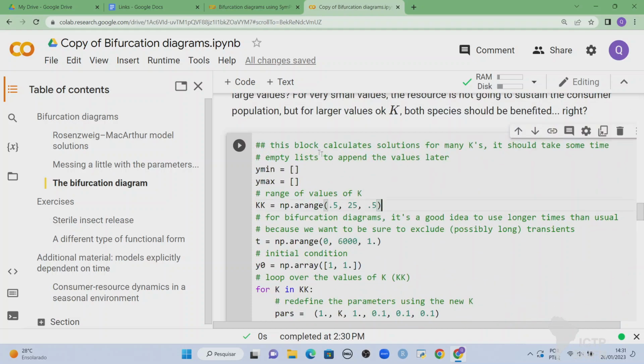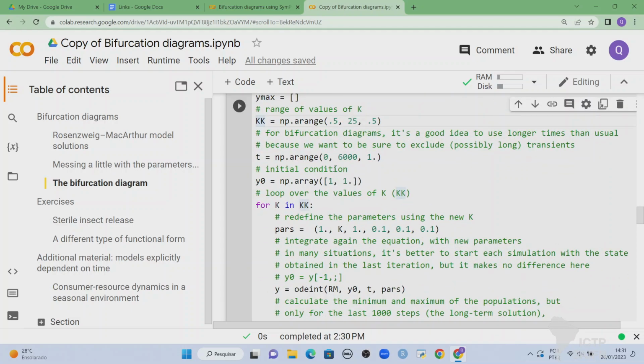Usually you have to save the values that you want to have later, so the minimum and maximum, okay? You have the range of the parameters, and then you set the times, which usually have to be large in order to arrive at a stable point, so that you ignore the transient. Do you remember all this decision? More or less, yeah?